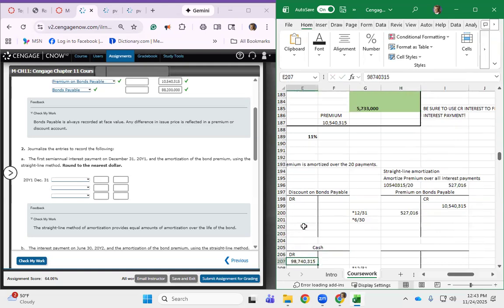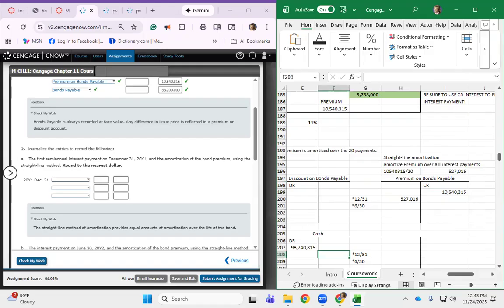I'm going to make cash go down by the amount we calculated for interest payment. Okay, so down goes cash to make this interest payment. And it's the face times the contract rate times 1/2.